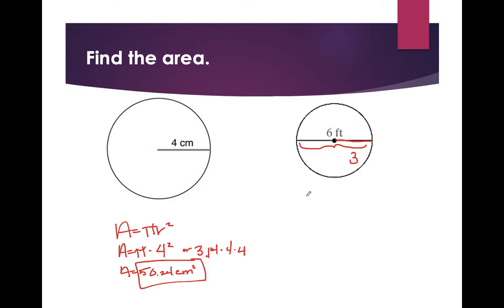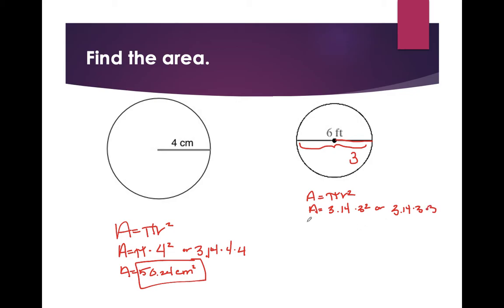So we're going to go ahead and do our area formula, pi times the radius squared, and we are going to do that as 3.14 times 3 squared, or 3.14 times 3 times 3.